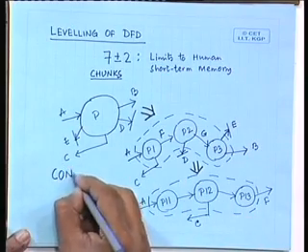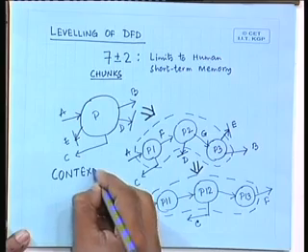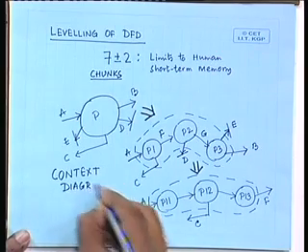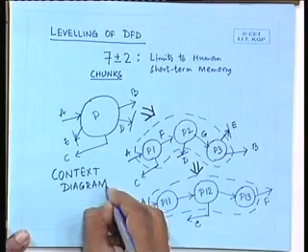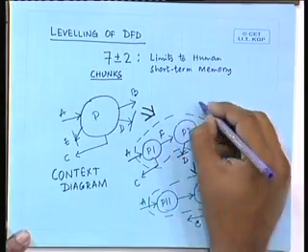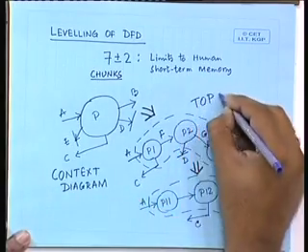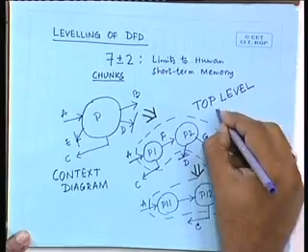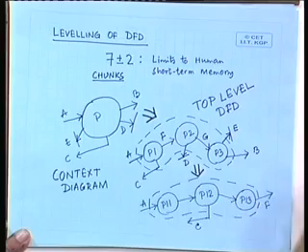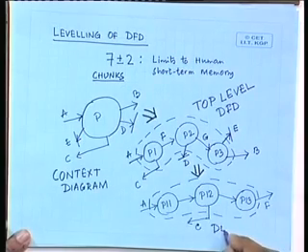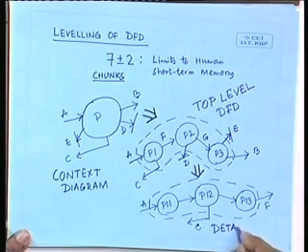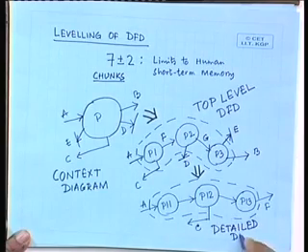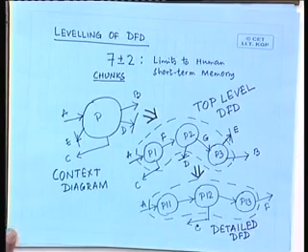The first one, the topmost level, is usually called a context diagram. The second one is called top level data flow diagram, and the third one is called a detailed data flow diagram.